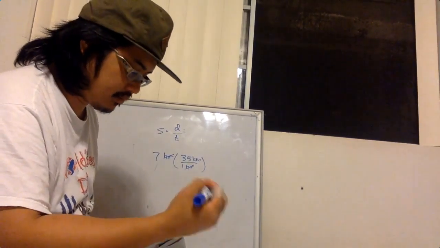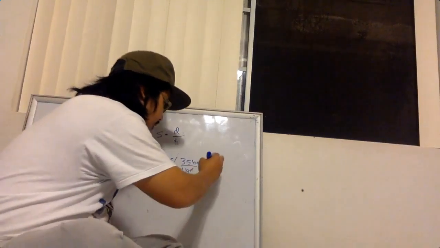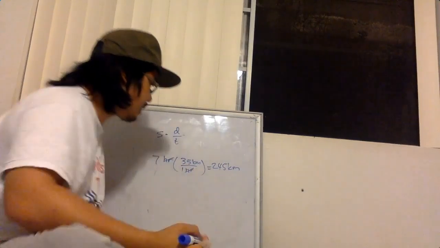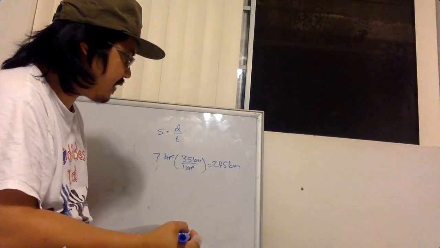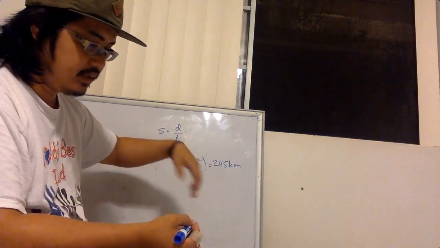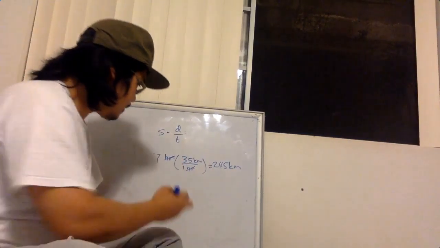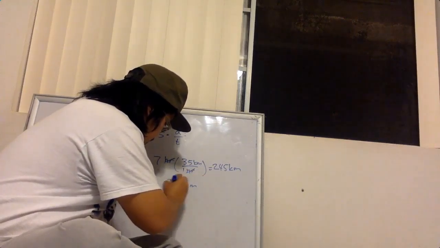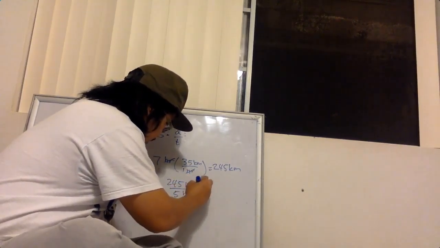So 7 times 35 is 245. Now, in order to figure out the van speed, it's pretty simple. All I got to do is take this 245 divided by 5 hours. And I'll get my answer.